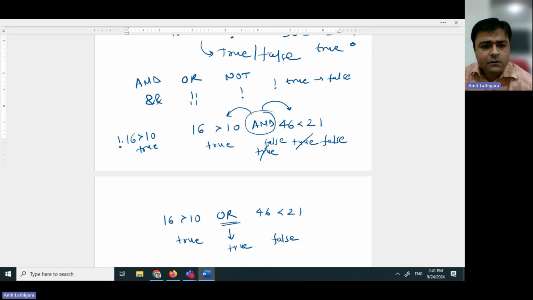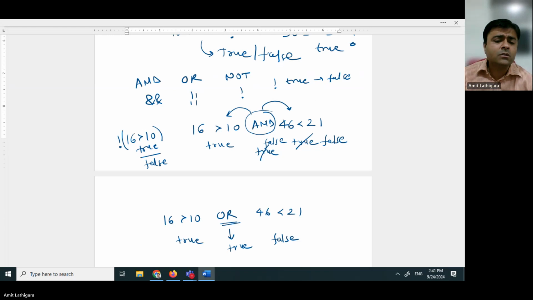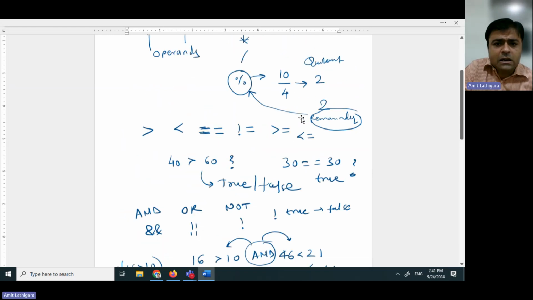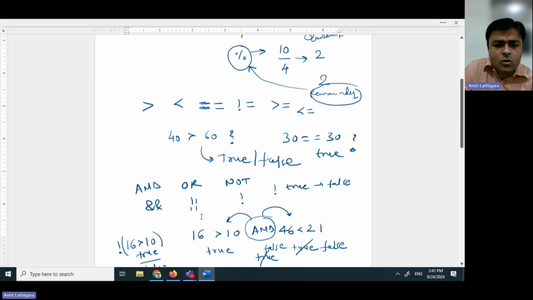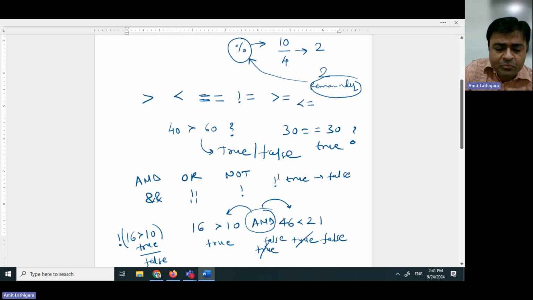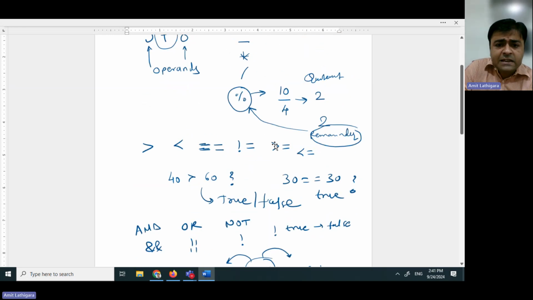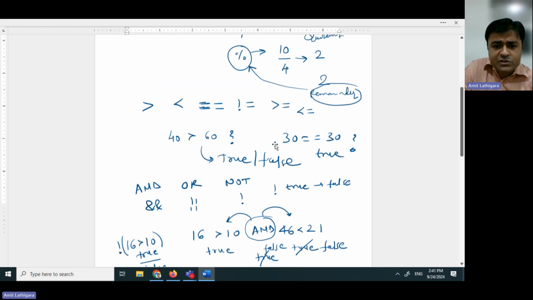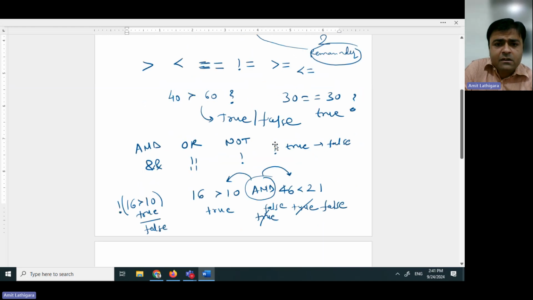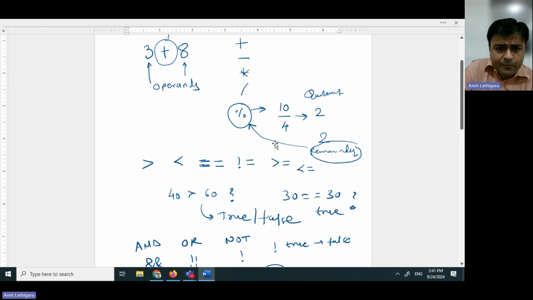But if I write negation, then this true converts into false. NOT 16 greater than 10, then it is false. So logical AND, logical OR, and logical NOT. These are the basic operators which we require in a computer program.